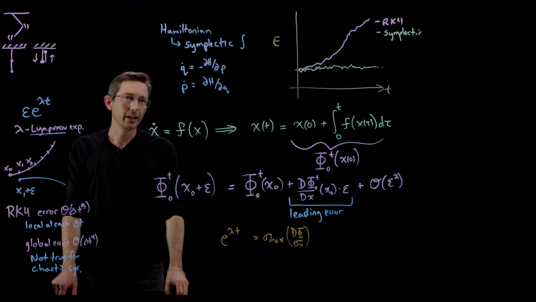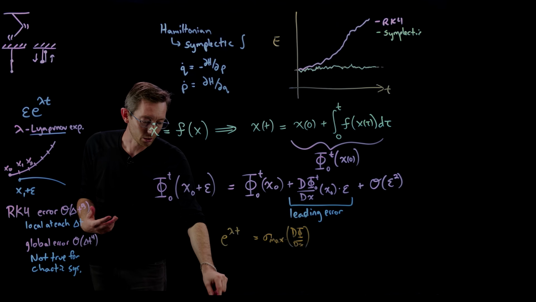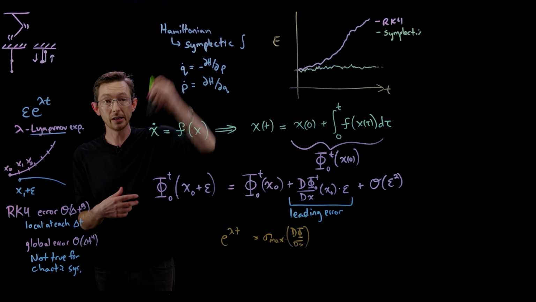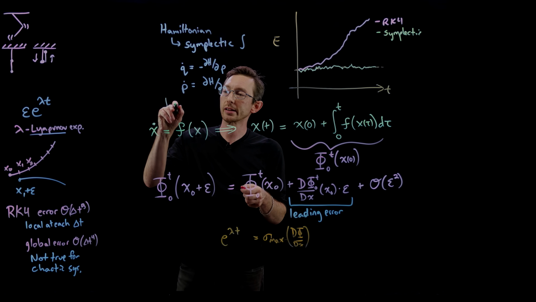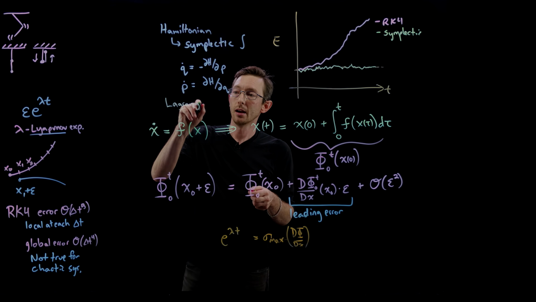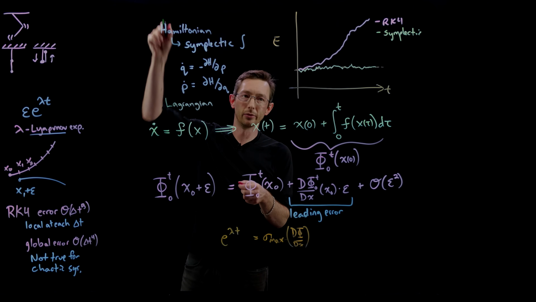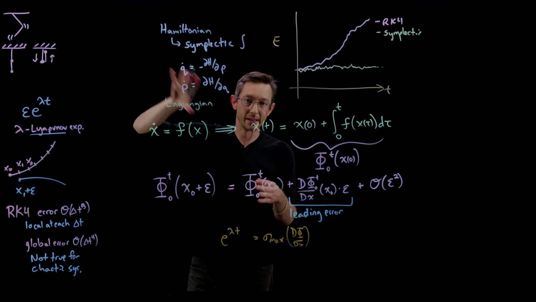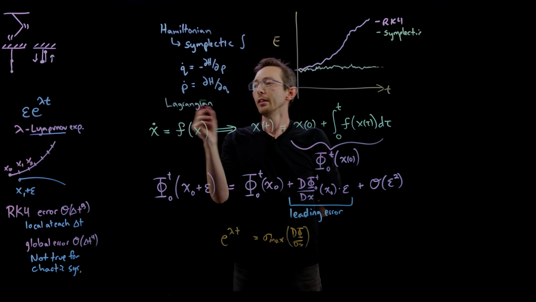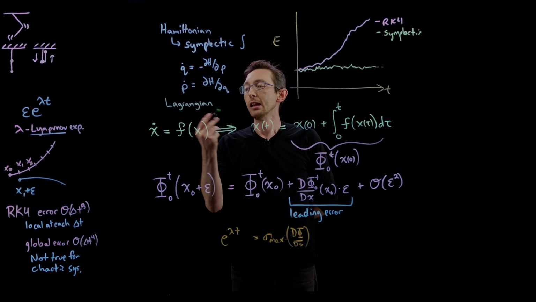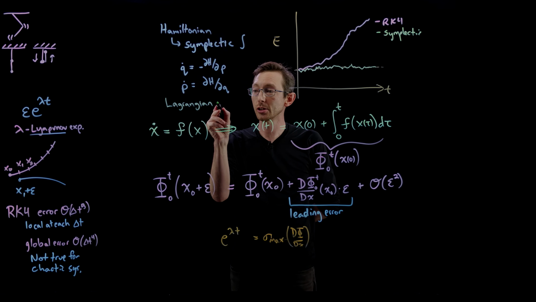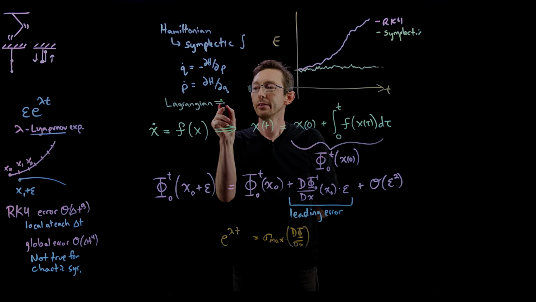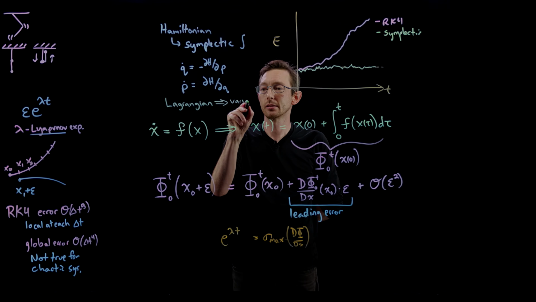Okay, just like there are symplectic integrators, and that preserves Hamiltonian structure. If you want to start from the Lagrangian, which these are kind of equivalent ways of representing mechanical systems, the Euler-Lagrange equations, if you want to discretely in a computer integrator satisfy the Euler-Lagrange equations, these are called variational integrators.